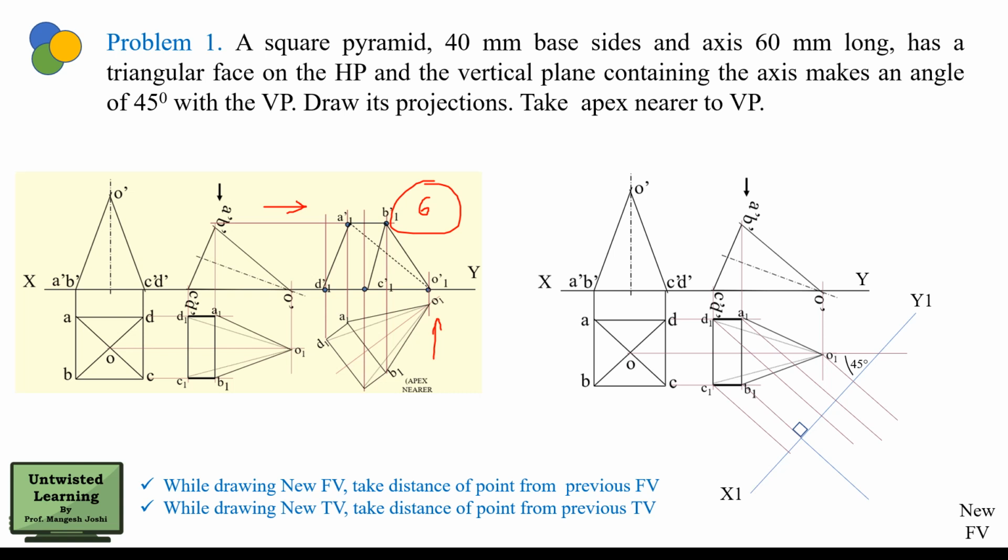Now how to transfer locuses? It is very simple. You just have to take this height in compass. Okay, you will take this height in compass for a dash b dash.